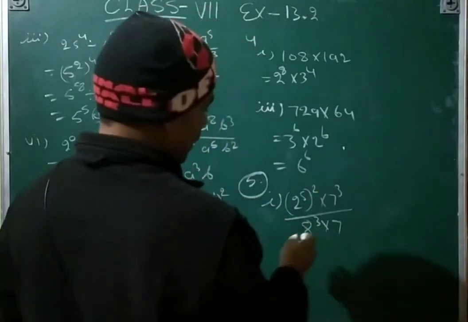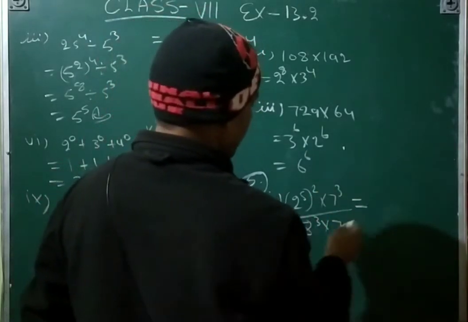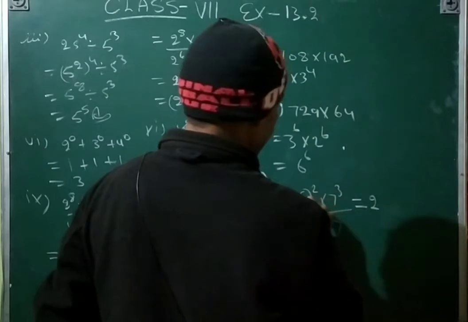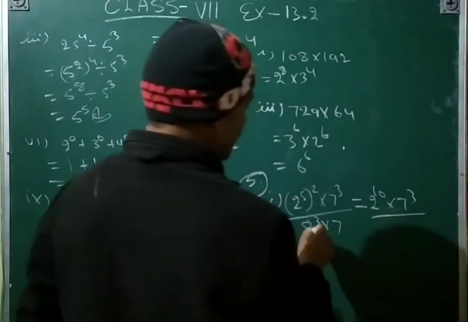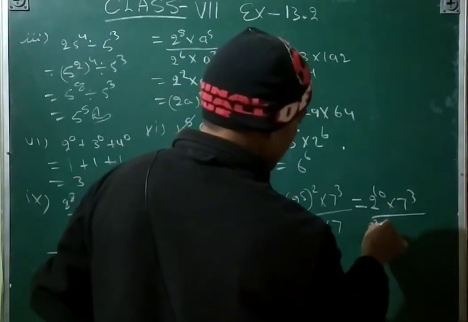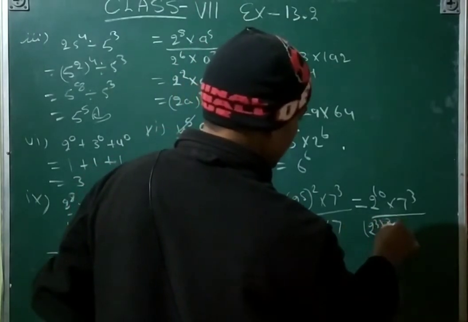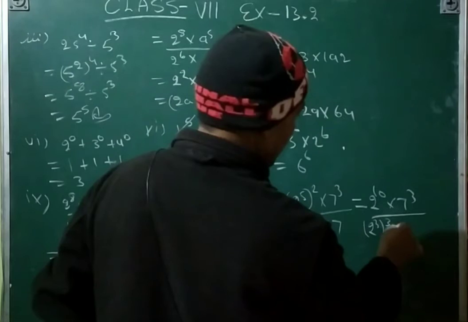So that first of all, this will be converted: 2 5s are 10, 2 power 10 into 7 power 3, and that one also will convert, that 2 power 3, and then that will be 3 times 3, because 2 to 4 to 8, and then 7.